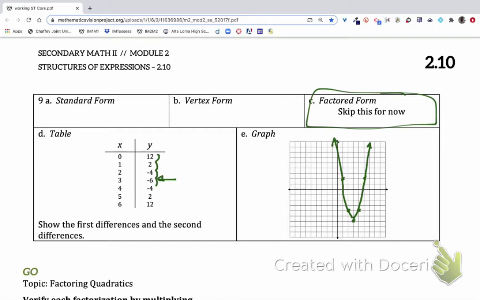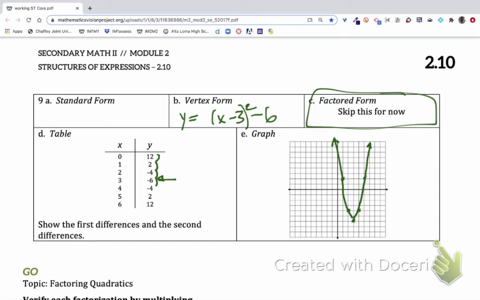Next up, we can work on y equals x, and we moved to the right 3. We're going to go x minus 3 squared plus k, but our k is -6, so we'll have it there. Next, I would encourage you to see what's going on with the stretch.